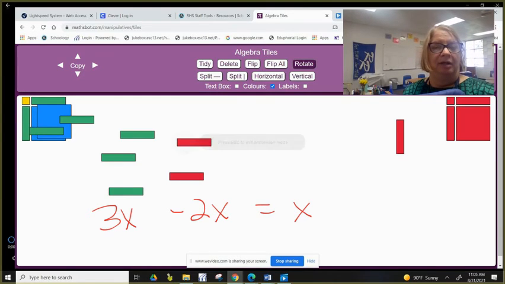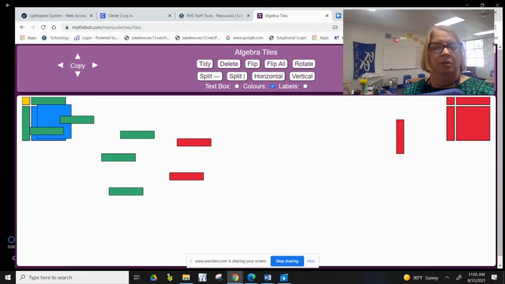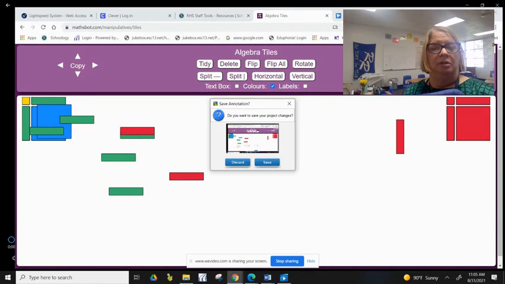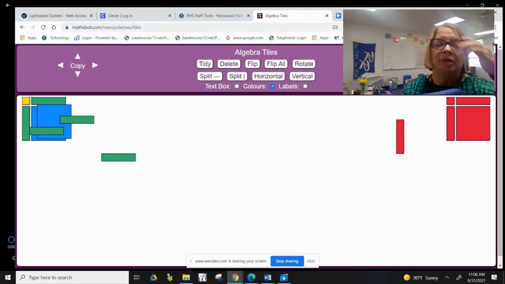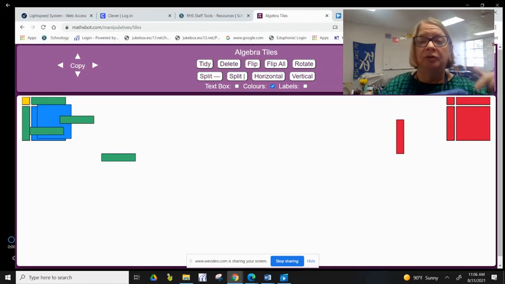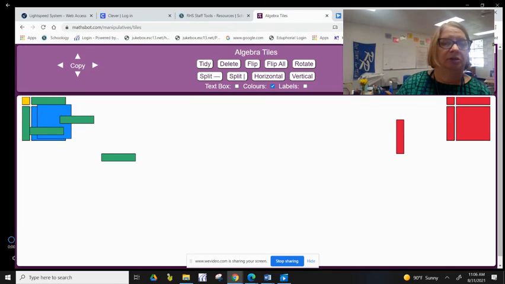If you drag this one here and this one here, it doesn't matter which one you drag it to, and your answer is 1x. So this is a manipulative that allows you just to visualize these algebraic expressions.